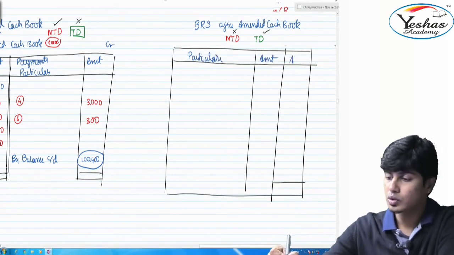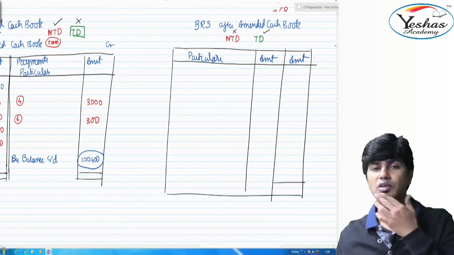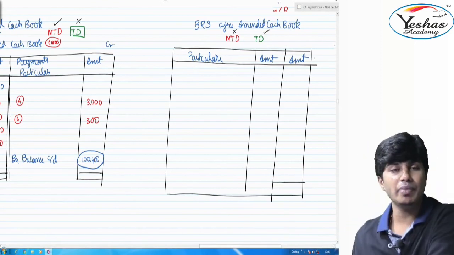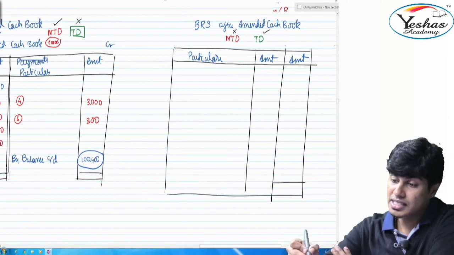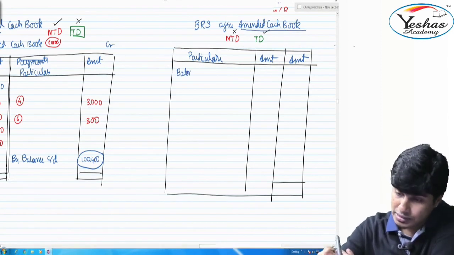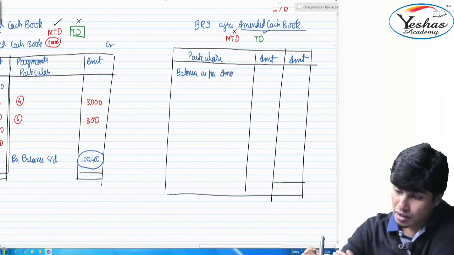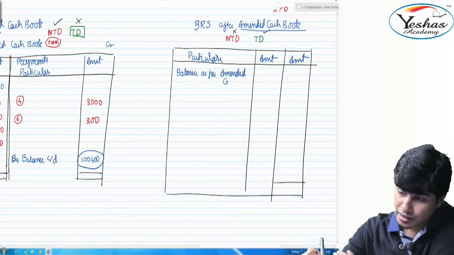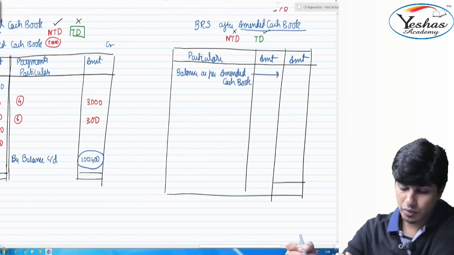Amount. Usually when we start with bank reconciliation statement, we start with balance as per cash book, but this is after amended cash book. So I'll start with balance as per amended cash book. Yeah, this is a noteworthy point, very important.